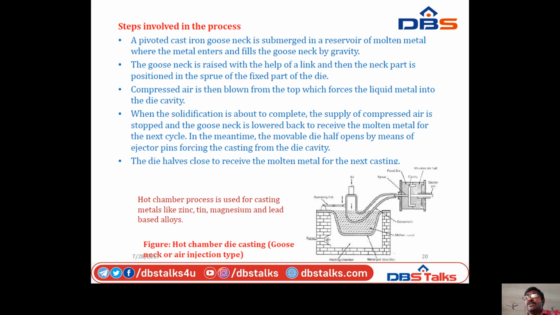In the meantime, the movable die half opens, and the ejector pin forces the casting out of the die. The die halves close to receive the molten metal for the next casting.